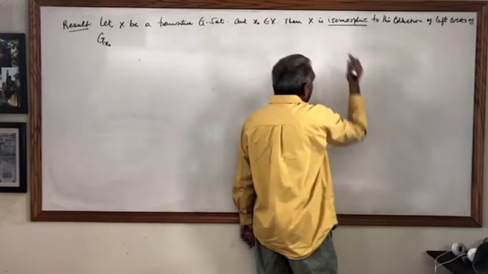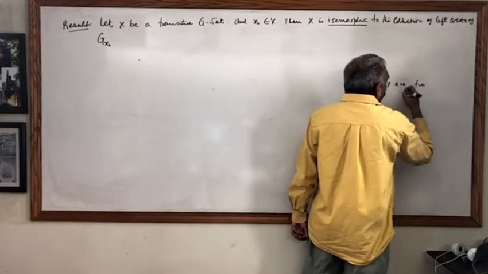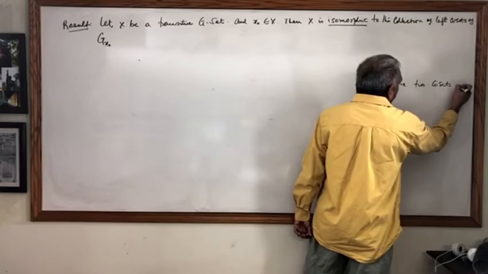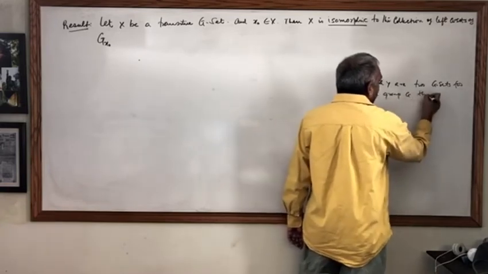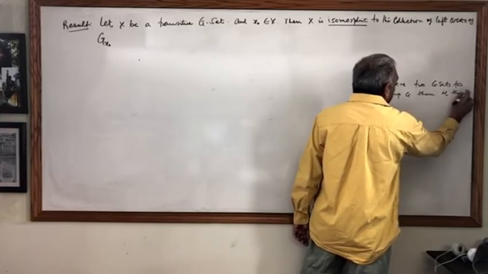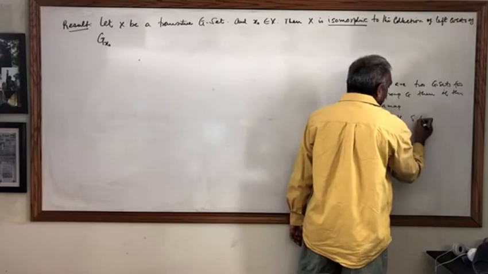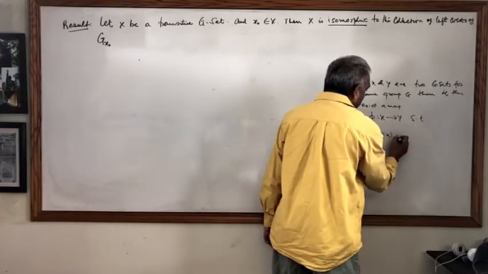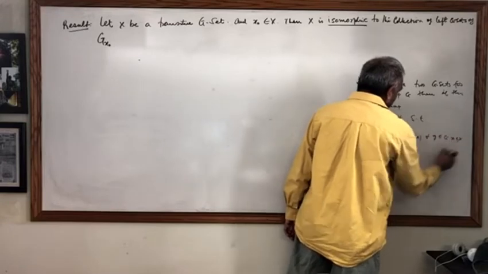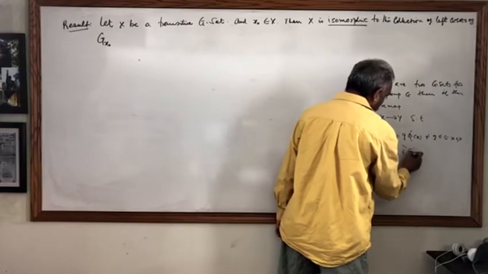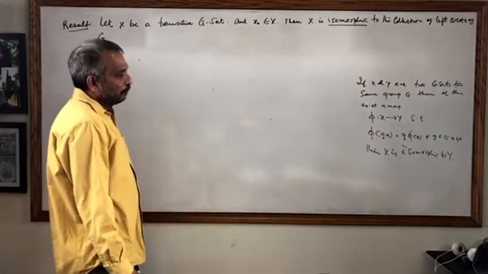If X and Y are two G sets for the same group G, then if there exists a map phi from X to Y such that phi of gx is equal to g of phi x for all g in G and x in X, then X is isomorphic to Y. This is a definition we used for comparing two G sets.